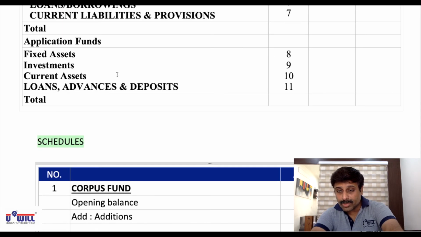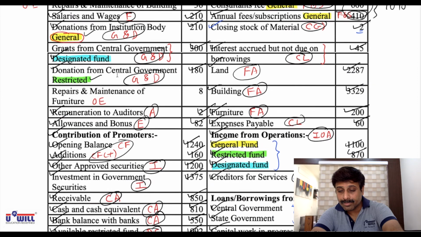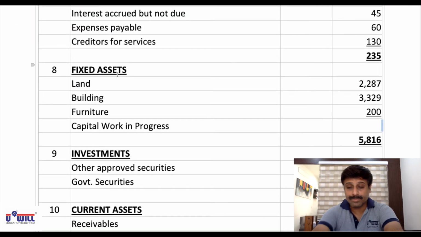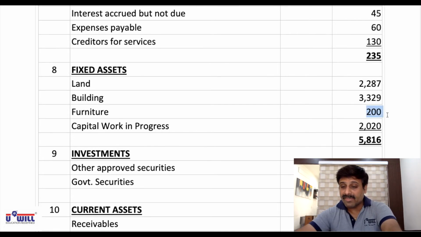How much is it? 2020? Yes, 2020. So total now will increase by 2020. 5816 plus 2020, 7836. Total will become 7836.